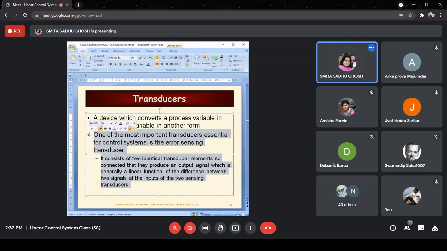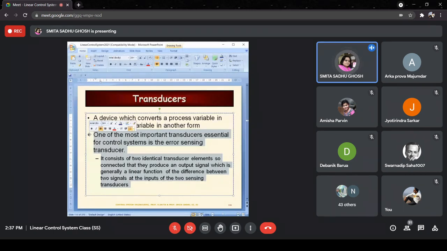One of the most important transducers essential for control systems is the error sensing transducer. You would recollect that in all that we have done so far, we have been drawing block diagrams, and in that block diagram there is a portion which we call the error sensor or error detector. Naturally, some physical component would have to be used such that error detection or error sensing is done.